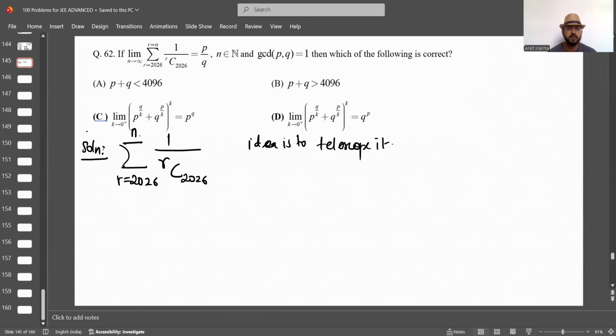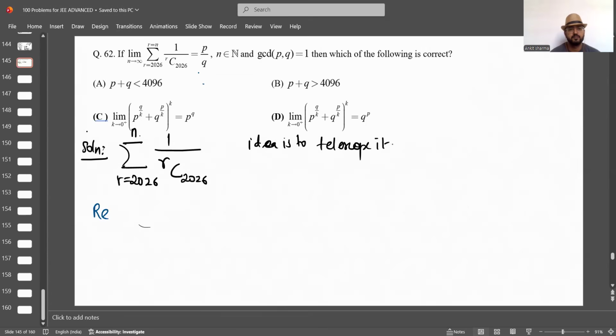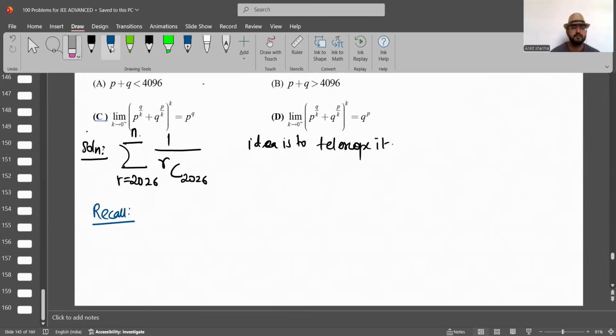So for that, I just have to think of some pattern which gives me this thing. So recall, if I have nCR minus 1, nCR minus 1 survives.